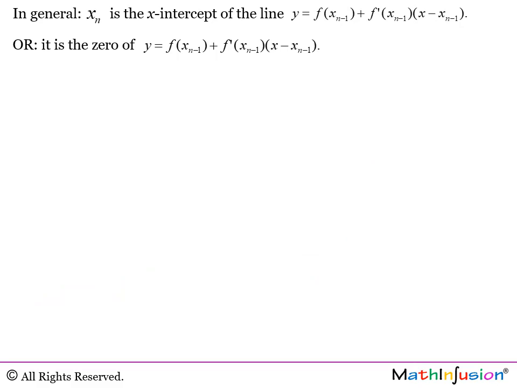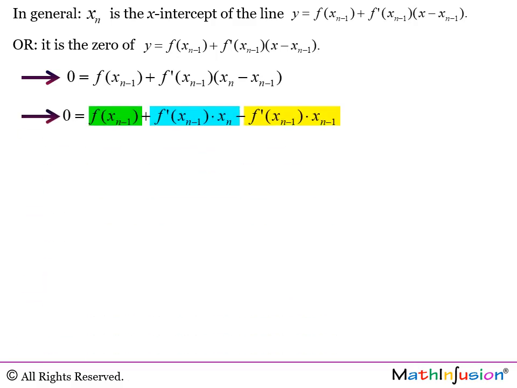We are going to use this to find x sub n written as an expression of x of n minus 1, which means that we would like to express any value of x as a function of the previous x. First, we know that we have to solve this to 0, and x sub n is the solution. So let's do that.